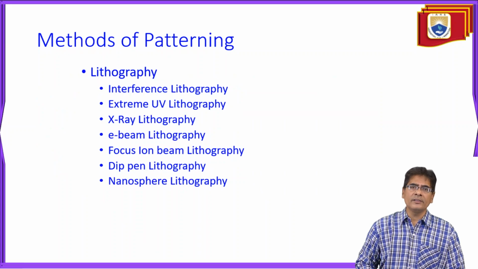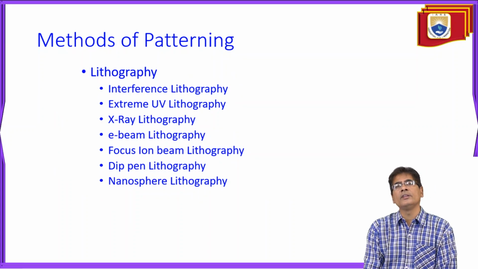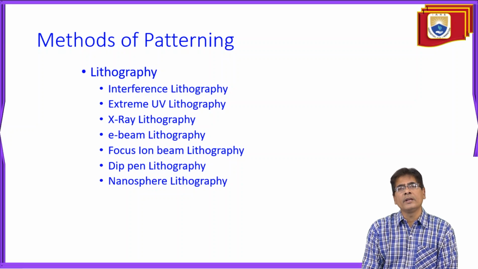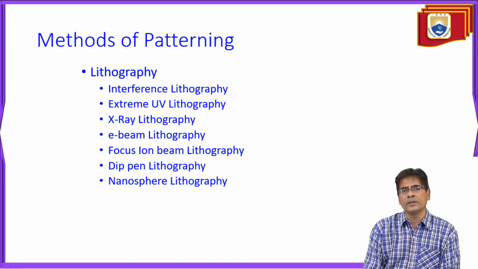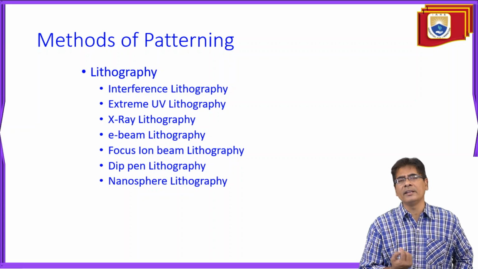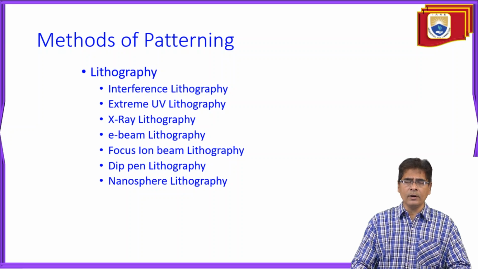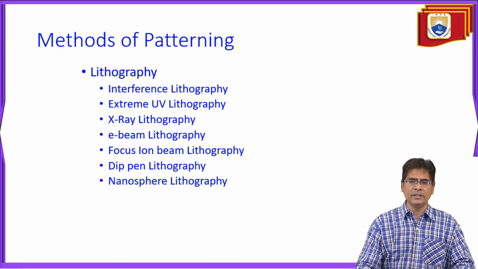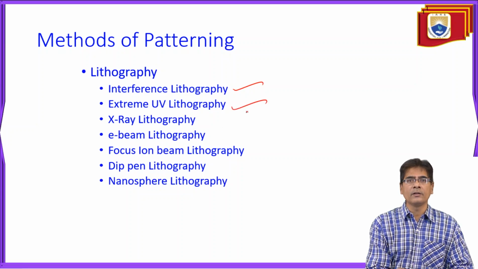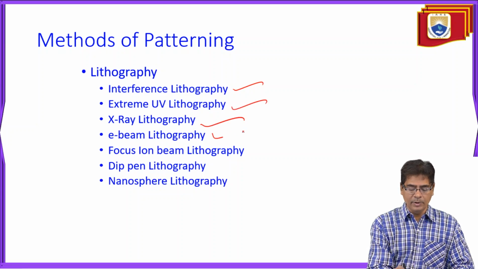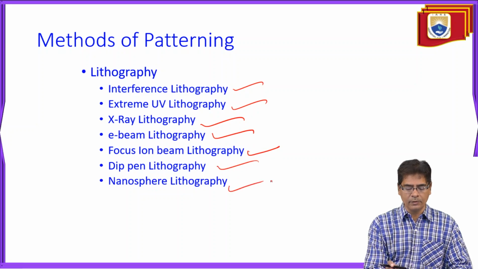So what are the different methods of patterning? As we said, one of the methods is lithography, where we start writing on a substrate. The different forms of lithography techniques are: interference lithography, extreme ultraviolet lithography, X-ray lithography, E-beam lithography, focused ion beam lithography, dip pen lithography, and nanosphere lithography.